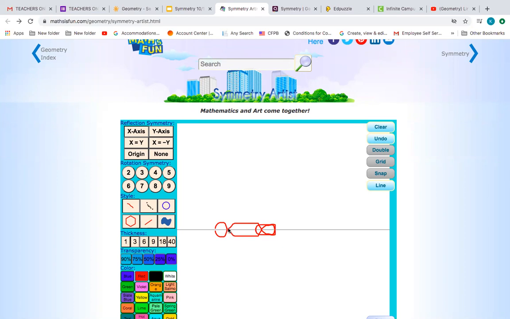I'm not a big artist, but I will try my best. See how it works? If you want to choose a color, and if you put a circle over here, it's going to appear on the other side. And if I want to fill violet over here, all right.